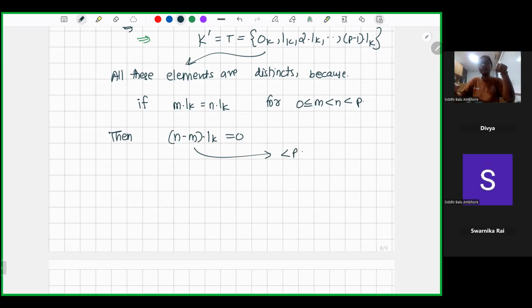So such a thing is not possible. So all these elements are distinct.